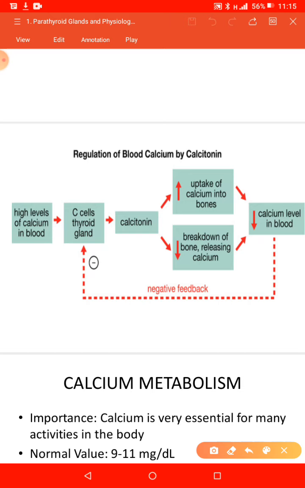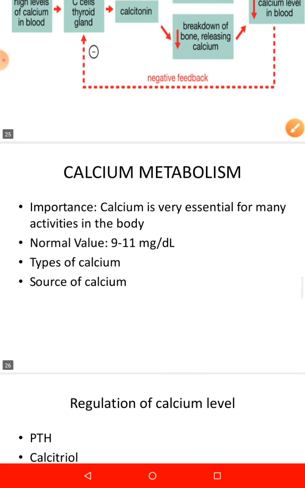The osteoprotegerins are also called osteoclastogenesis inhibitory factors. So calcitonin promotes the production of these. It's just the opposite of parathyroid hormone.